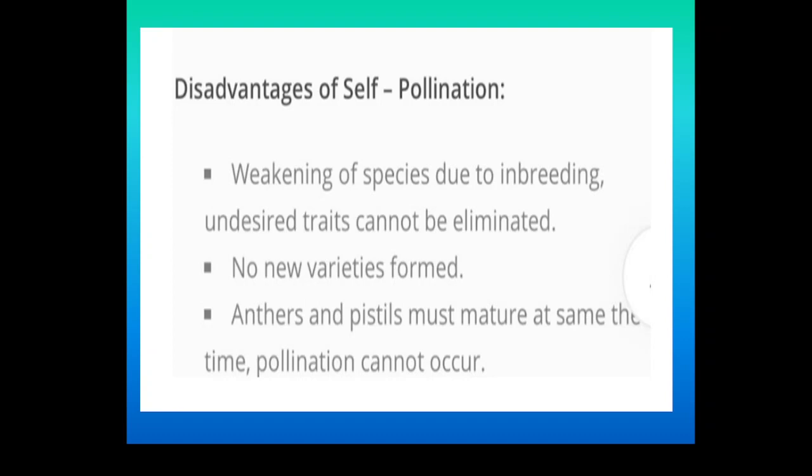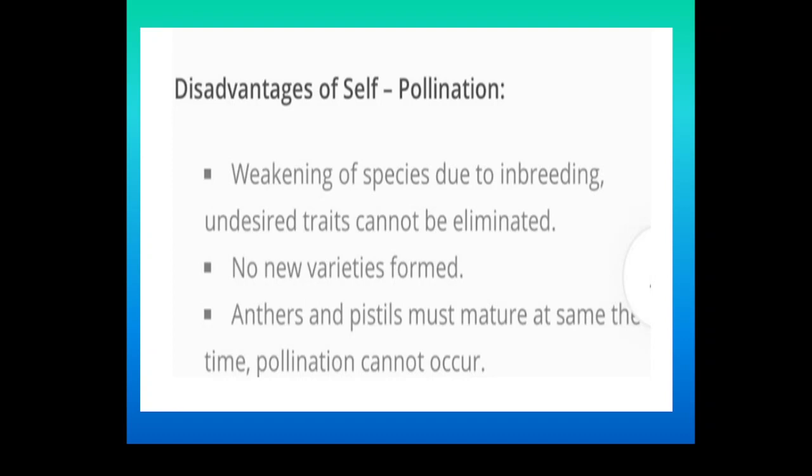And suppose one plant has a disease like molting, the same disease will carry on to the next generation if it is self-pollinated. So you cannot eliminate the molting part. That is what the first point says.